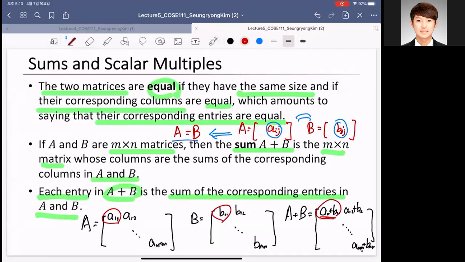So each entry is the sum of the corresponding entries. It's very easy. Questions so far? It's relatively simple compared to our previous concept. This is scalar summation.